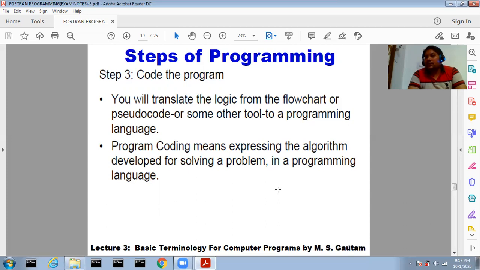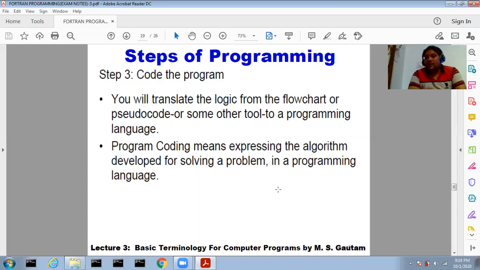It is also a very crucial step, because while translating our problem into machine language or source code, we have to follow all the sequence, all the syntax of the particular language chosen for the program.